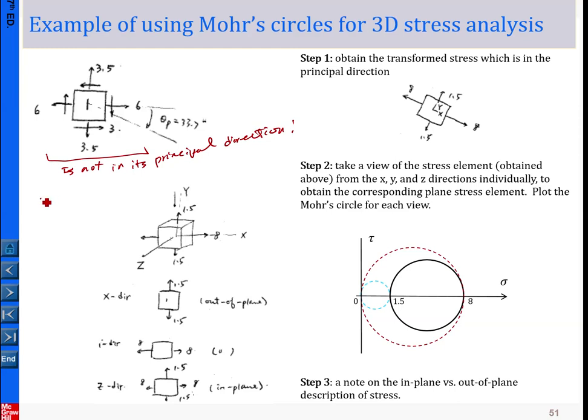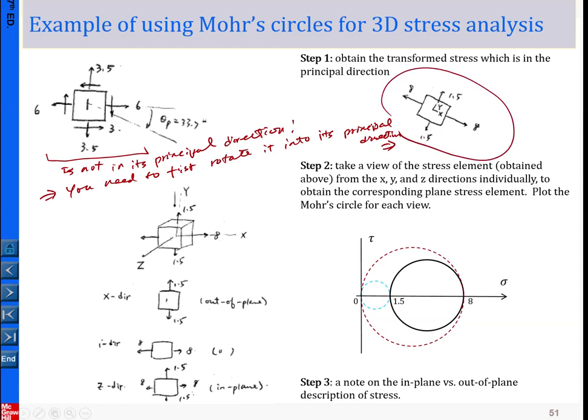So what you need to do is first rotate it into its principal direction, something like this one. And how to rotate it, simply apply the previous sections, and given this one you should be able to find the principal direction theta p1. Okay, determine theta p1, and then from there this is the maximum and this is the minimum. Basically repeat the previous section.